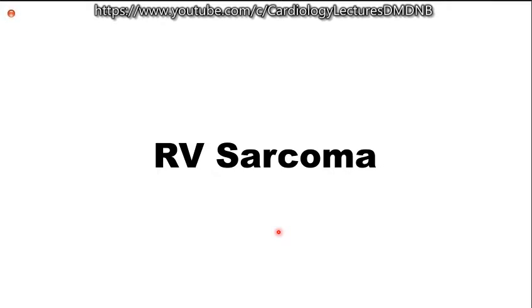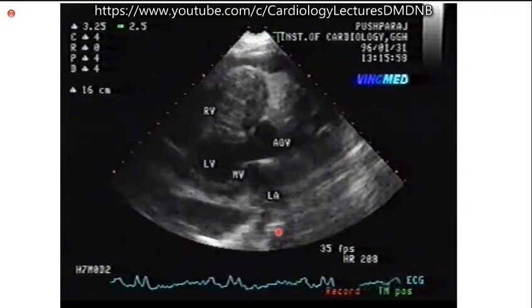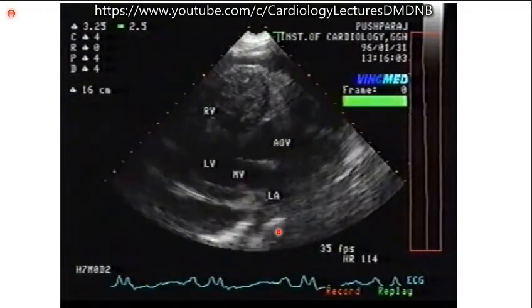The RV outflow tumors are mostly malignant, and very rarely they are benign. So whenever you find a tumor in the RV outflow region, always think of the possibility of a malignant tumor. Here is an example of a patient with a tumor in the RV outflow region.